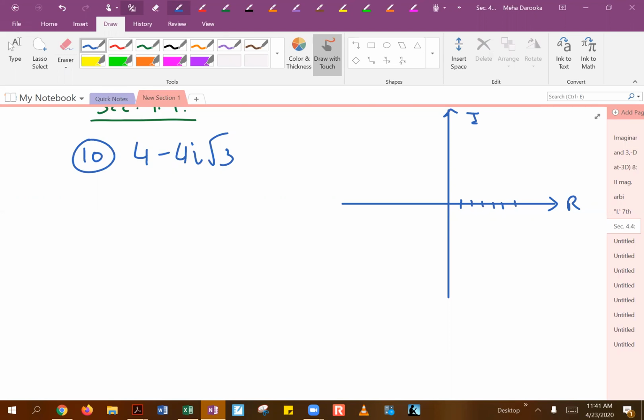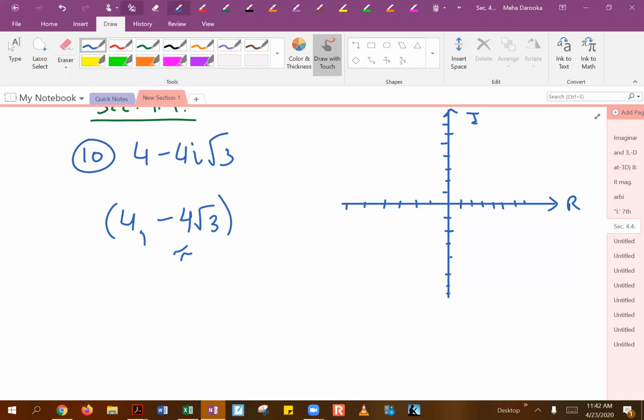Okay, so what will be our ordered pair over here? Would it be 4 comma up the 6.92 or about 7? Yeah, just approximately. Of course, when you just look at it in terms of the numbers given, your ordered pair would be +4 and then -4 square root of 3.